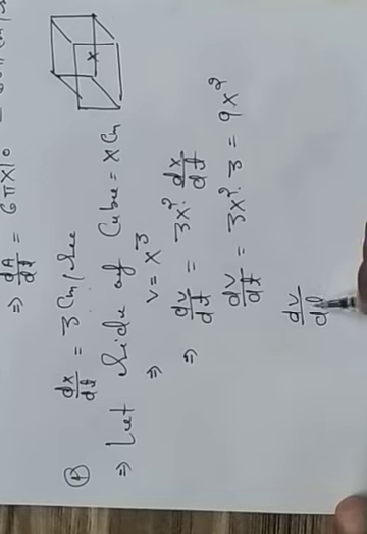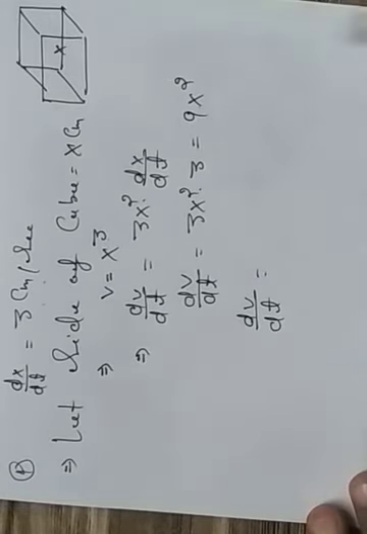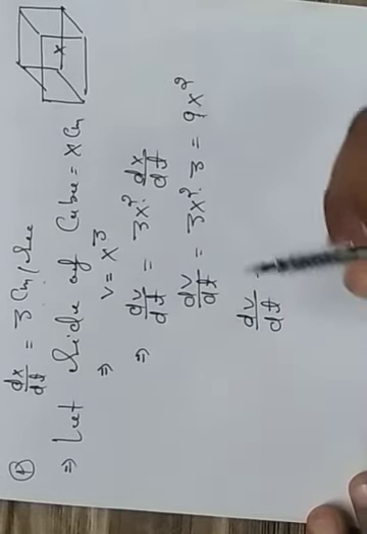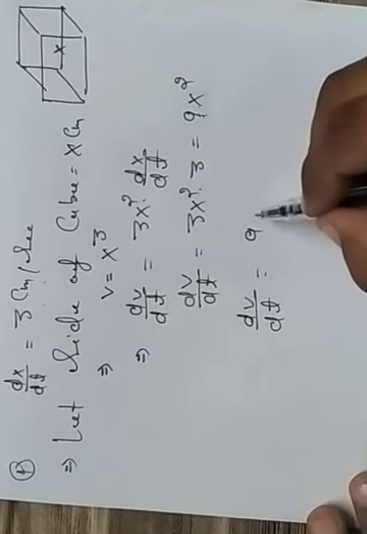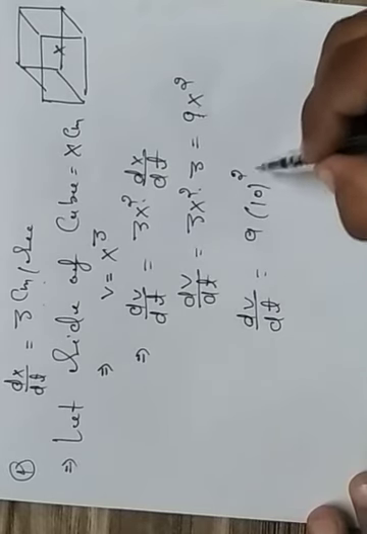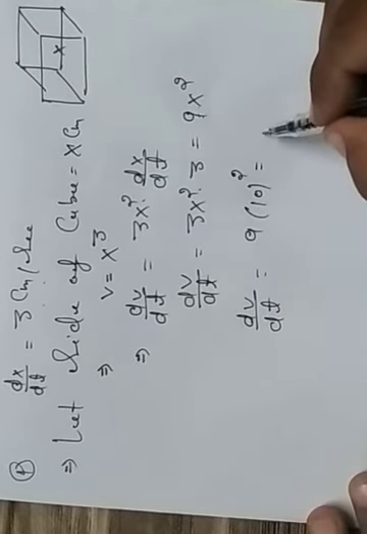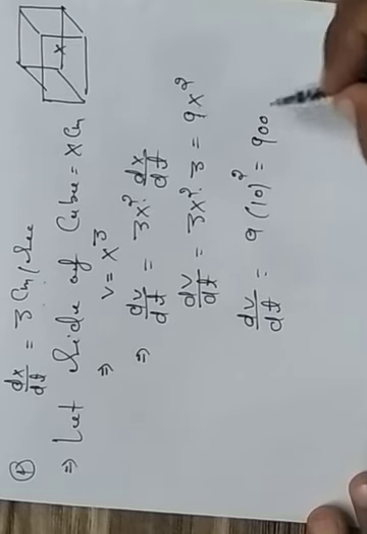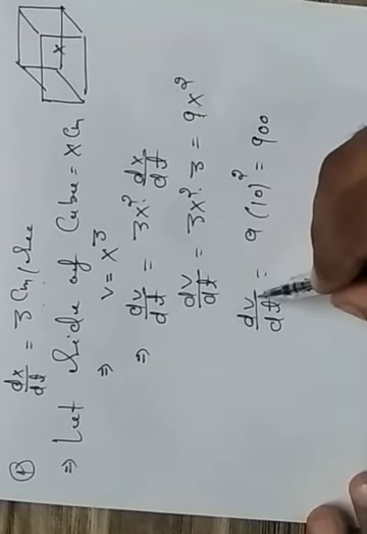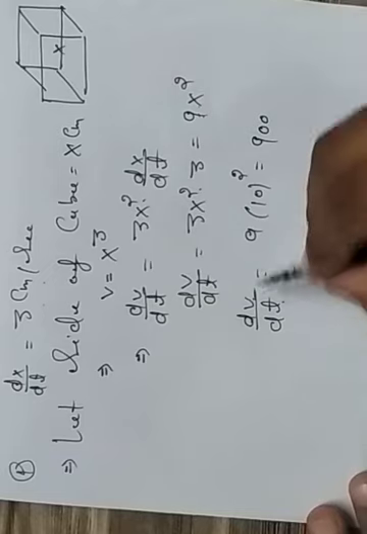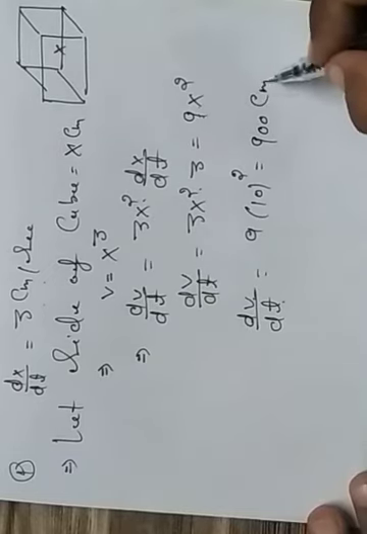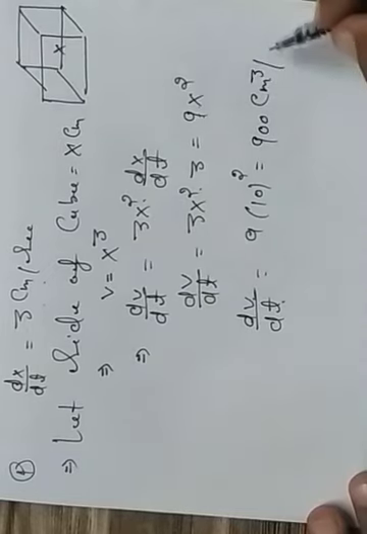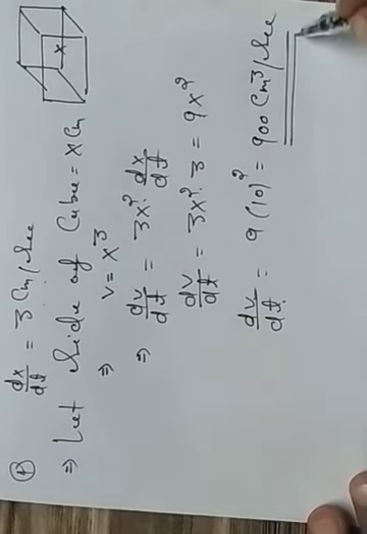And when we are putting the value of x, which is given 10 centimeter, then 3 into 10 square is equal to 900, and see how can we write unit. We are differentiating volume with respect to time, then volume of cube is equal to centimeter cube per second.